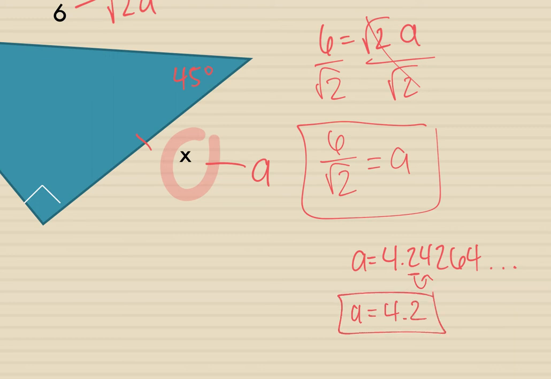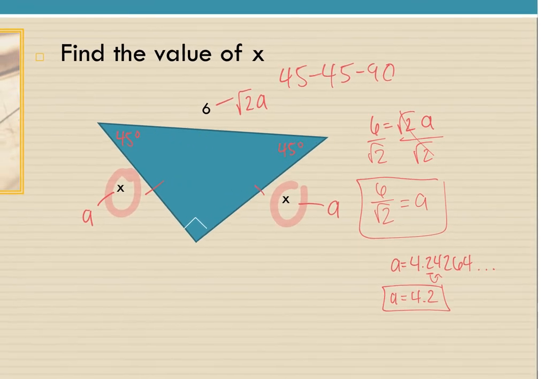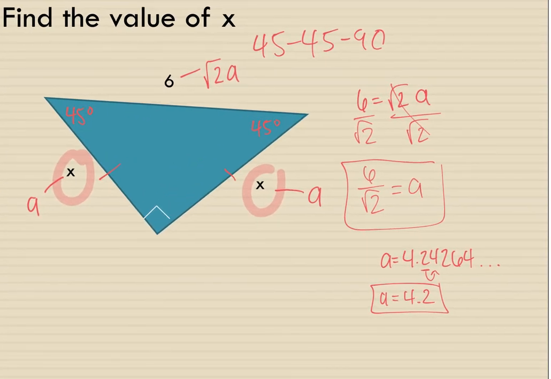Now that we found A, it's not asking us for A, it's asking us for the value of X. But what is X going to be equal to? It's going to be the same thing as A. Because do you guys agree that in the beginning, we said that A is going to be the same length as one of our legs? Yeah. So X and A are the same thing. So X is equal to A. So X is equal to 4.2.